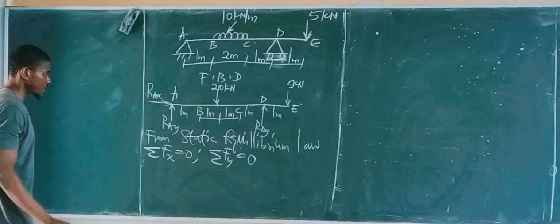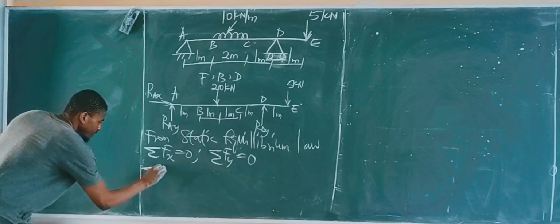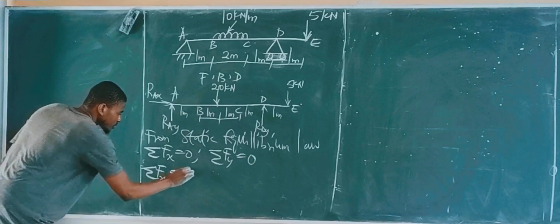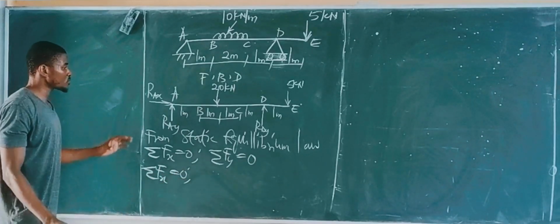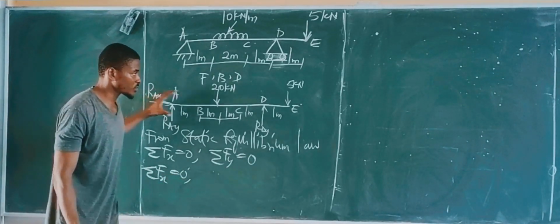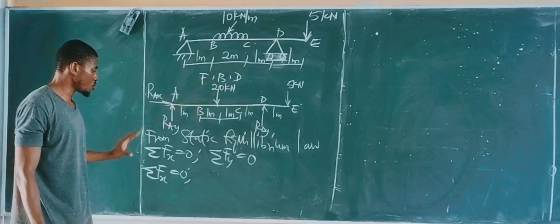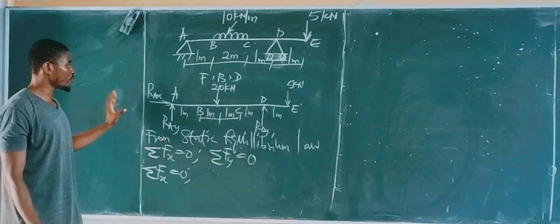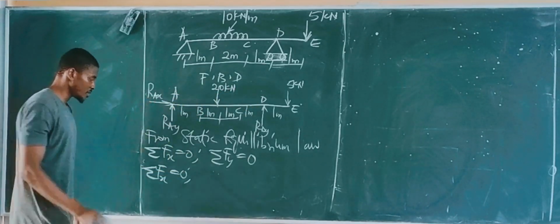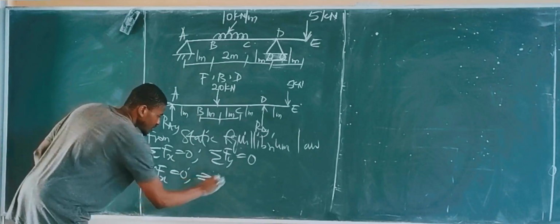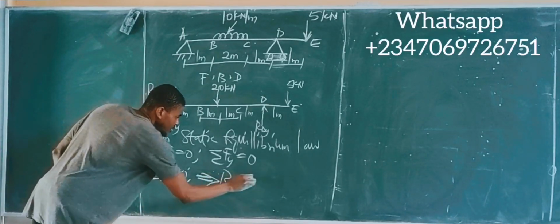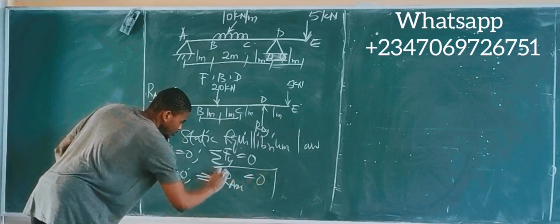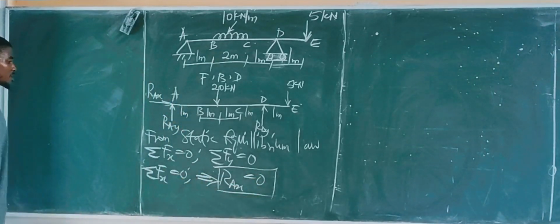So let's start with summation Fx equals 0. That means look for the forces that point in the x direction in this beam and equate all of them to 0. The only force we have there is simply RAX. So this implies that RAX is 0.